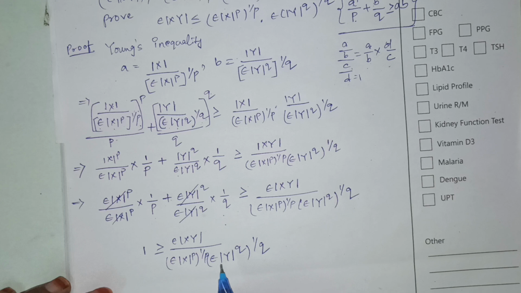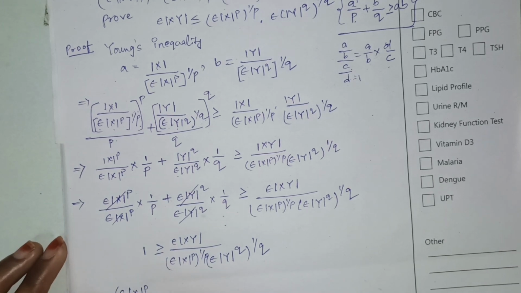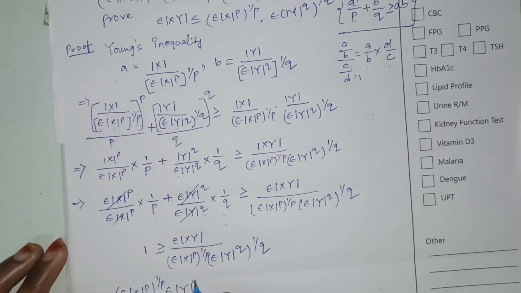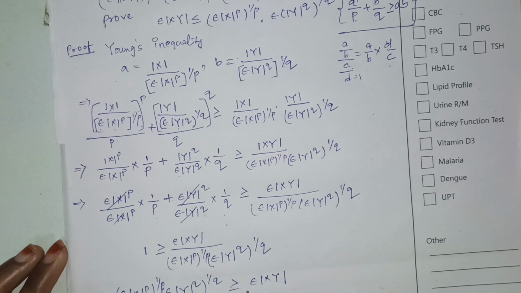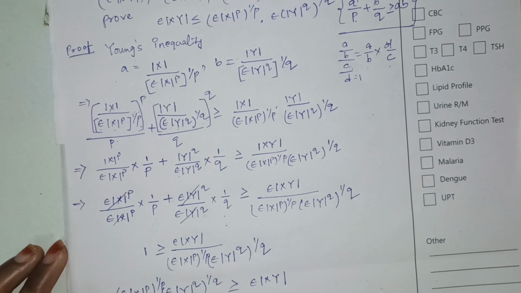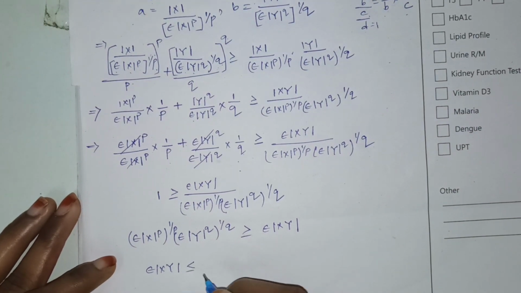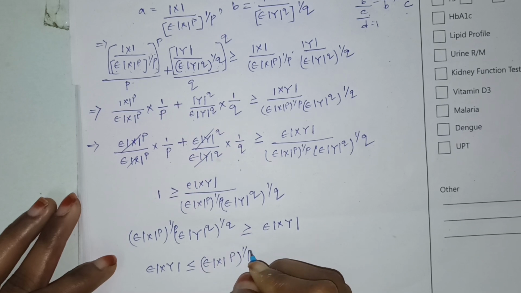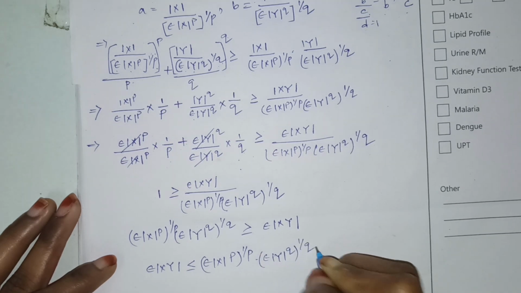So if I send this term to this side, it becomes (expectation of mod x to the power of p) all to the power of 1 by p into (expectation of mod y to the power of q) all to the power of 1 by q is greater than or equal to expectation of mod xy, which is nothing but expectation of mod xy is less than or equal to (expectation of mod x to the power of p) whole to the power of 1 by p into (expectation of mod y to the power of q) whole to the power of 1 by q.